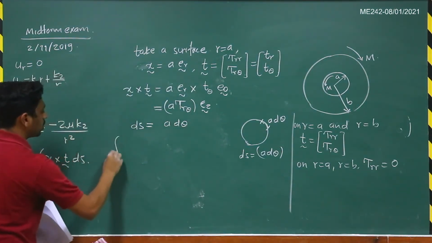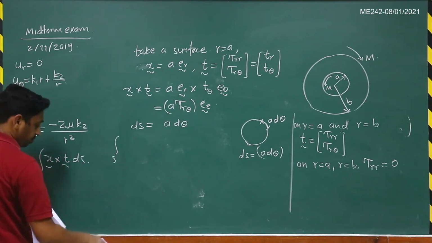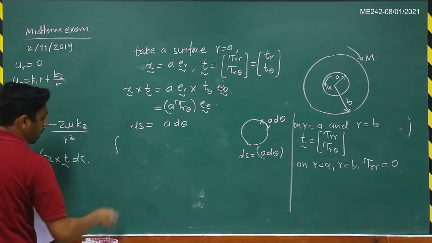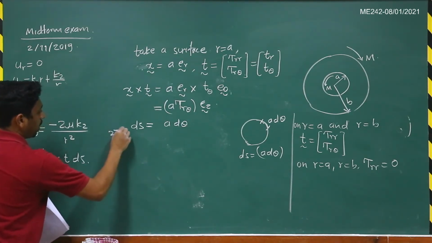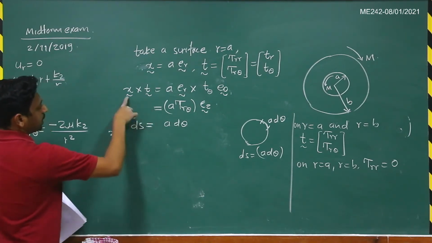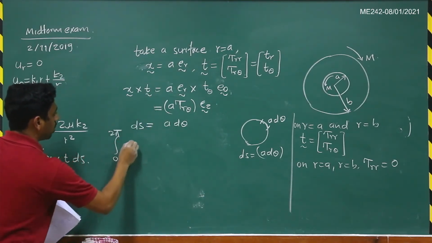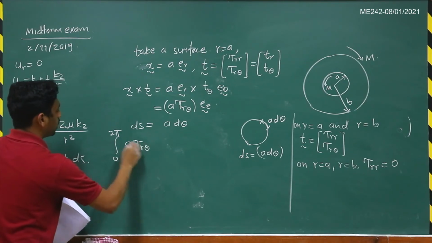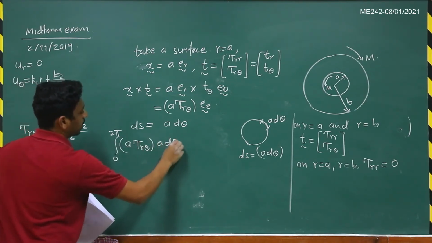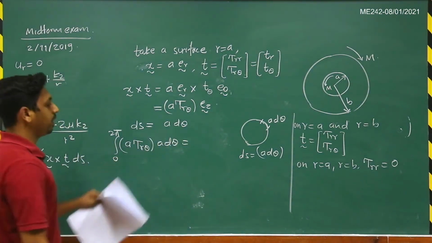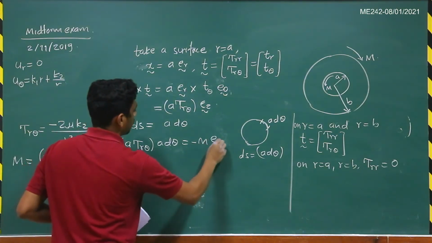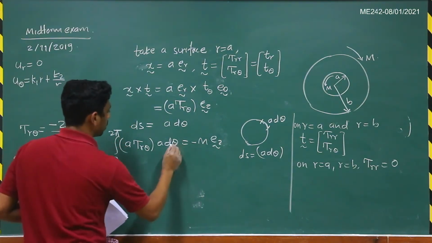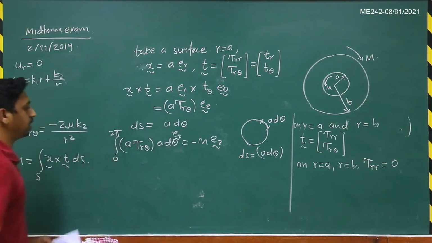So integration over the surface, again from 0 to 2 pi, of this x cross t, which is a times tau r theta times d theta, equals this moment, which equals minus m times ez. This is again not written in the direction, it is equal to ez.